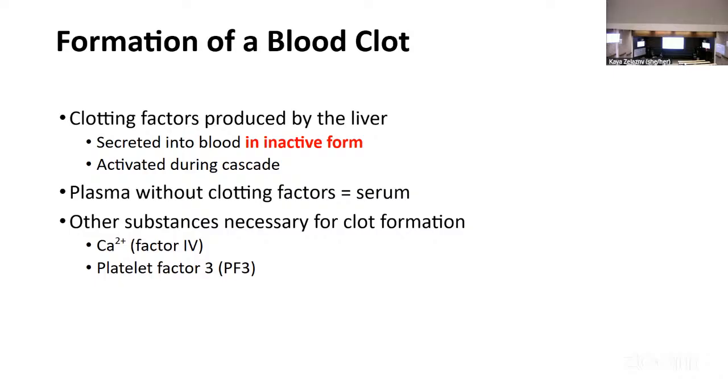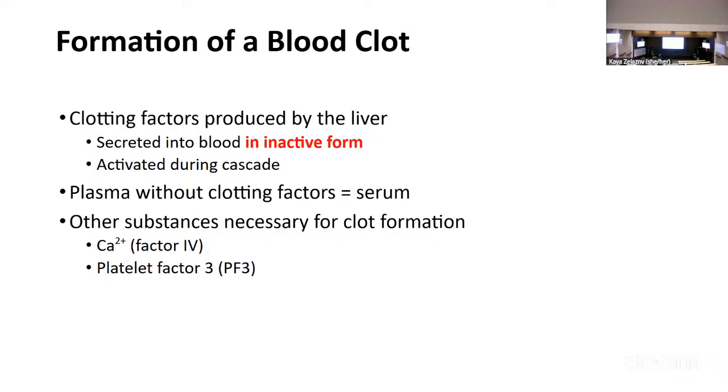So we generally think of them as being in the plasma, the part of our whole blood, making up 55% of it, that doesn't contain actual blood cells. If we wanted to pull out just those clotting factors, which sometimes we do, the part that's left over, the plasma that doesn't have any clotting factors in it, would be called serum.